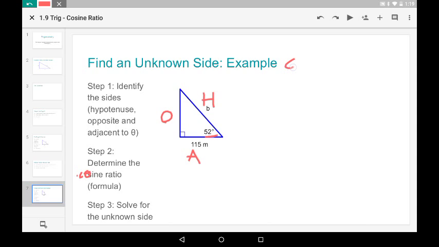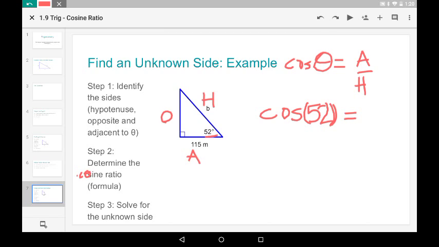Okay, so we write cosine of theta is equal to A over H. Then we know that the cosine of 52 degrees is equal to, adjacent is 115 meters, hypotenuse is labeled B.